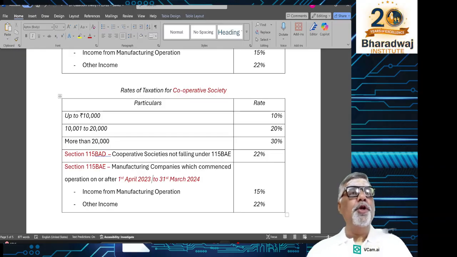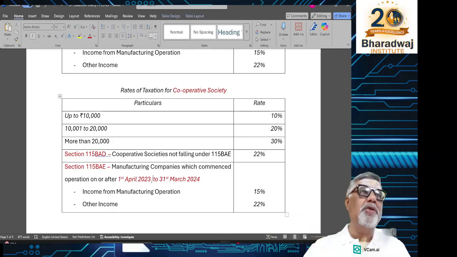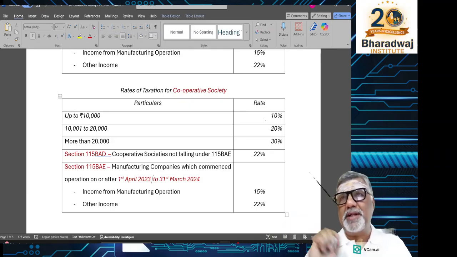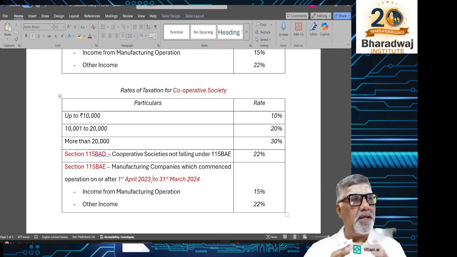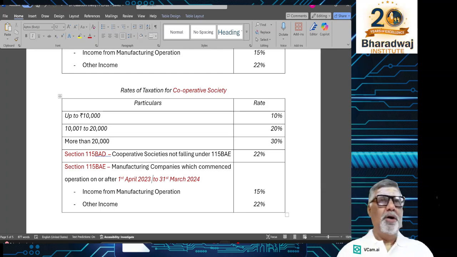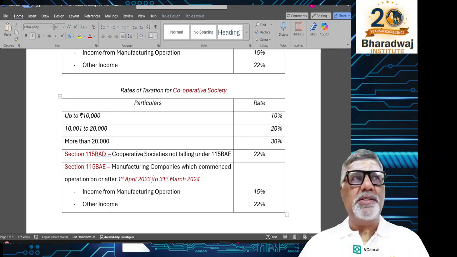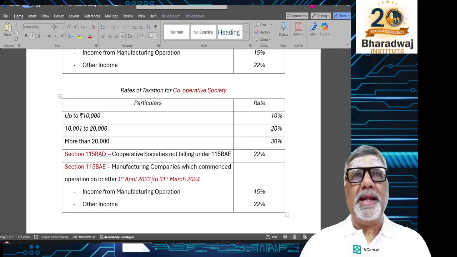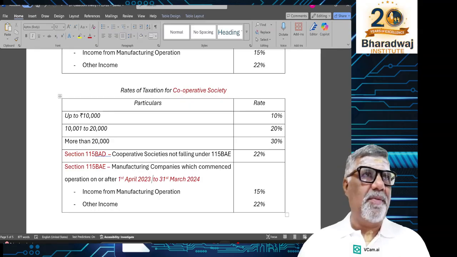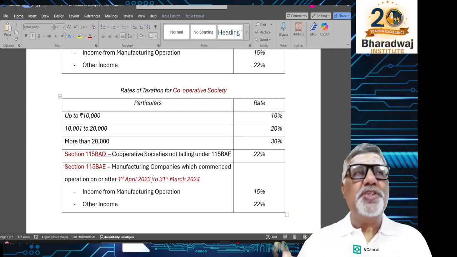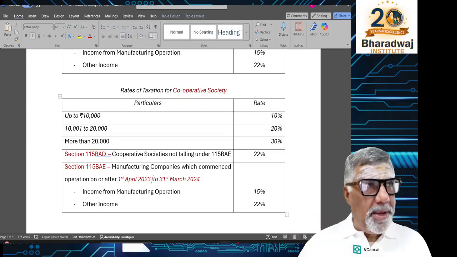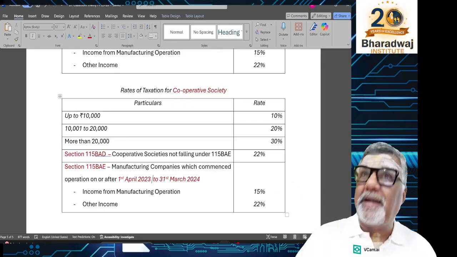Now, I go into surcharge. Surcharge is tax on tax. Surcharge is computed on tax. And remember, surcharge is also divided specifically for individuals and for other organizations, companies, firms, etc. Surcharge is also different for individuals and other organizations as per concessional tax regime.